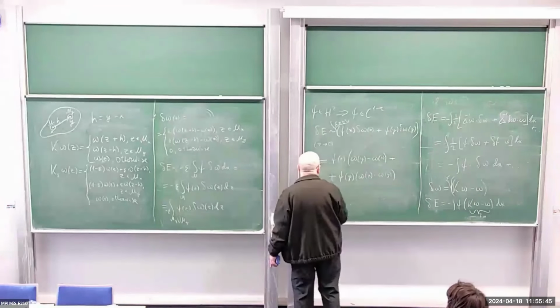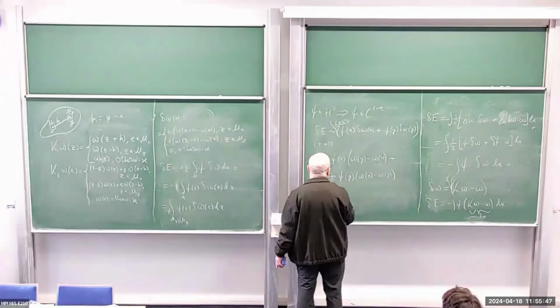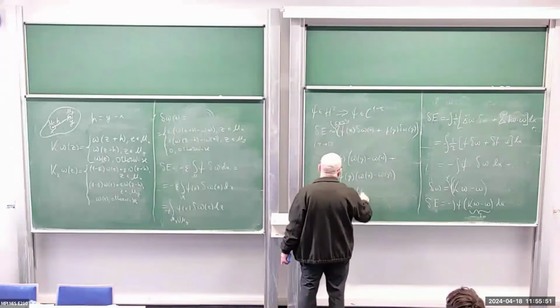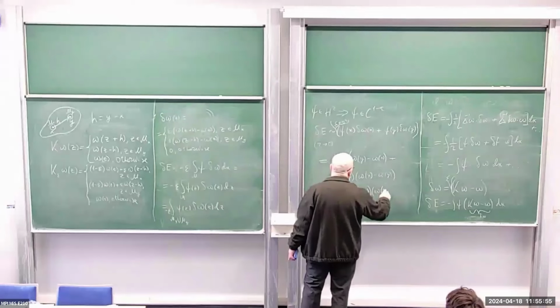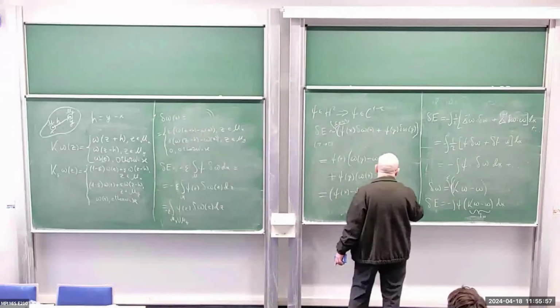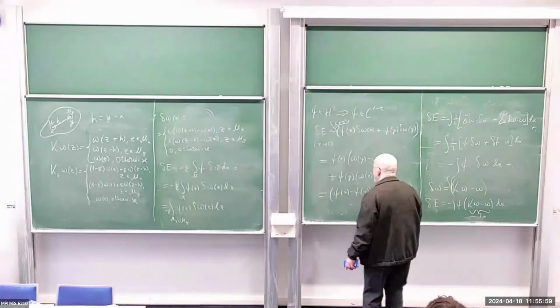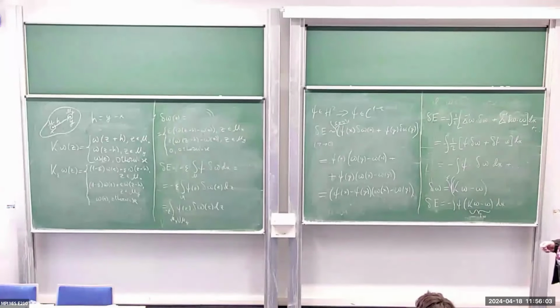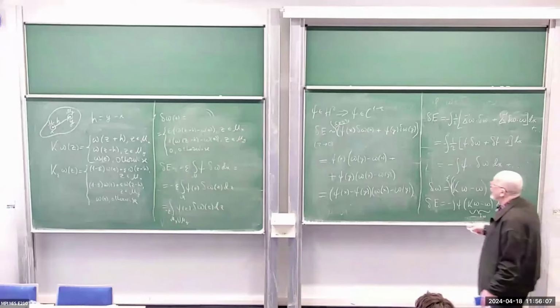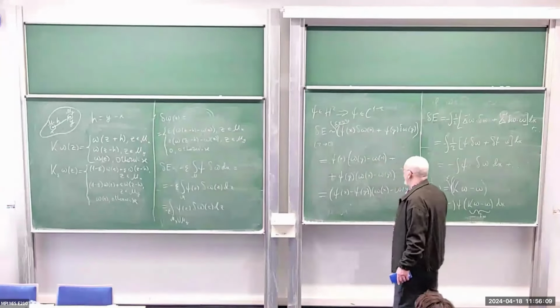And finally, it is (phi of x minus phi of y) times (omega of y minus omega of x). So this is the variation of kinetic energy.